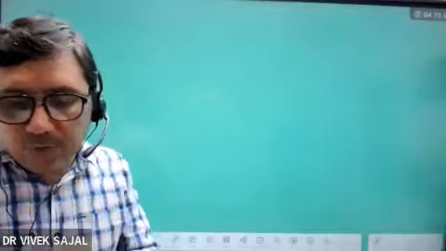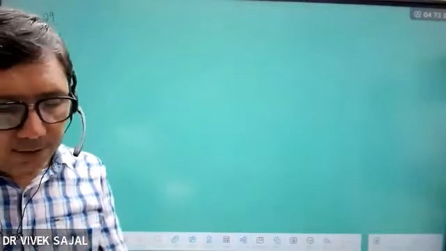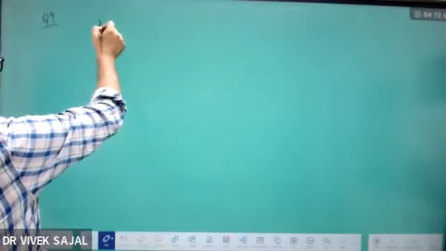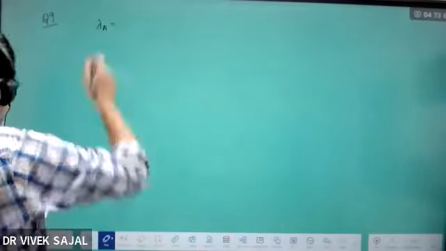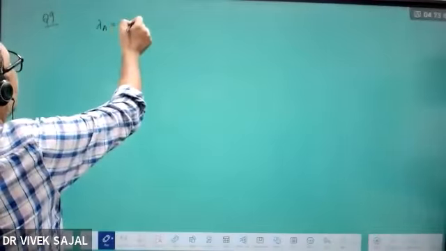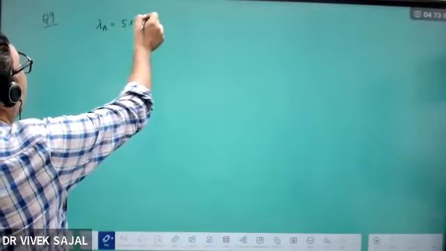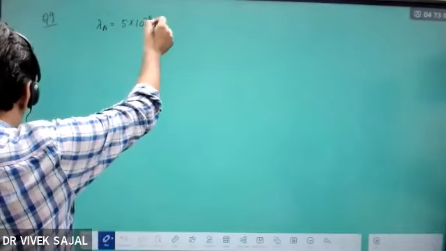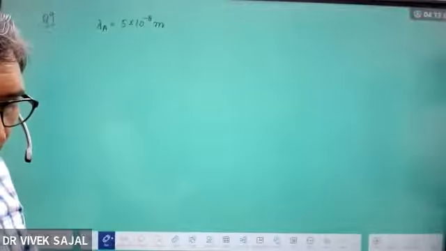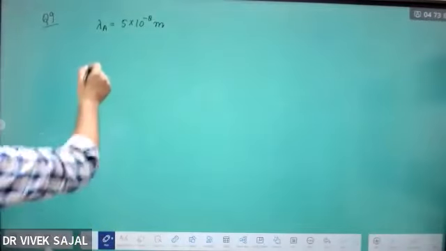If the wavelength associated with the particle A is 5 into 10 to the power minus 8 meter, calculate the wavelength of the particle B.